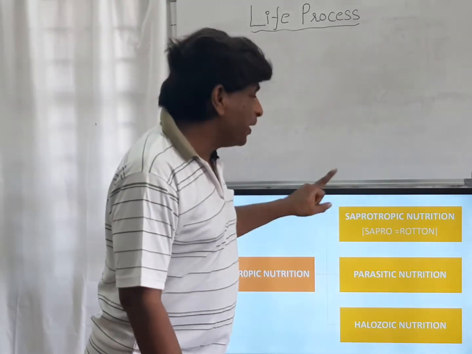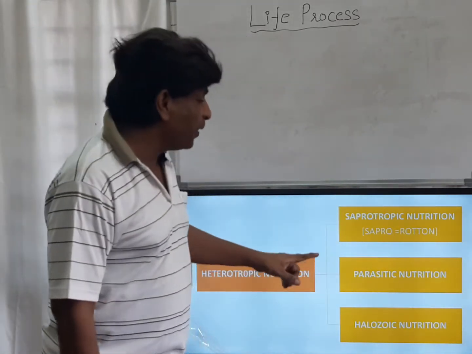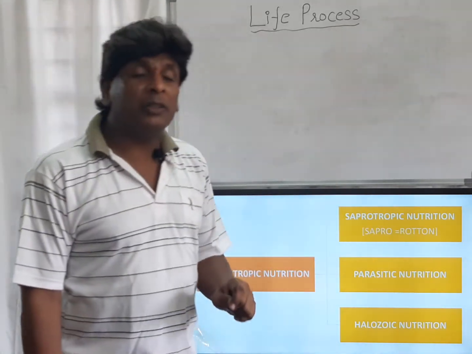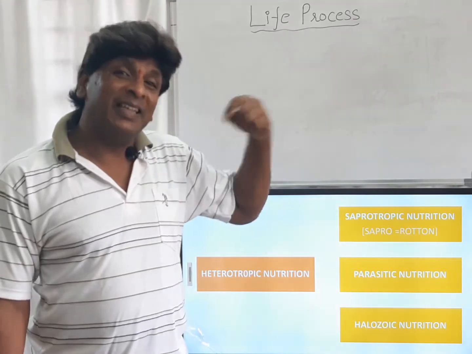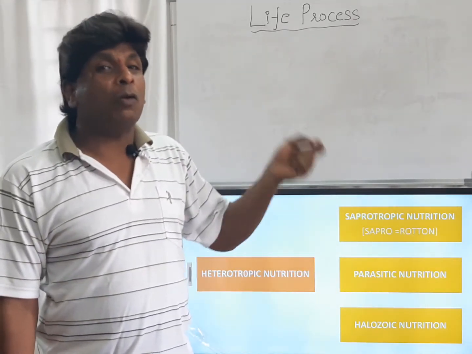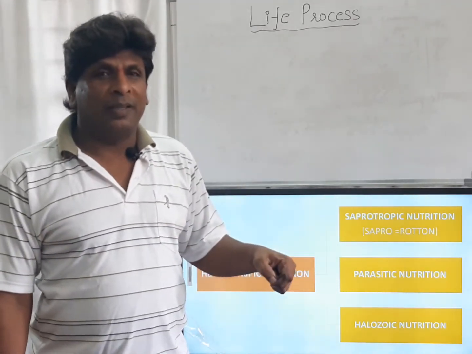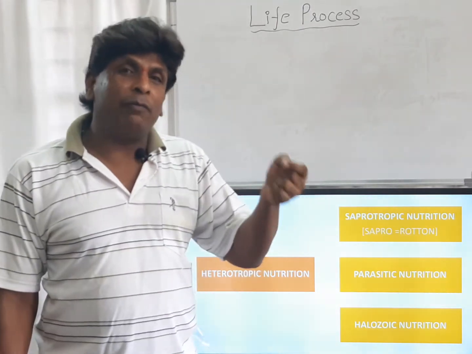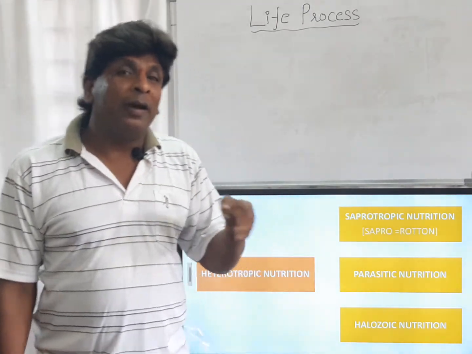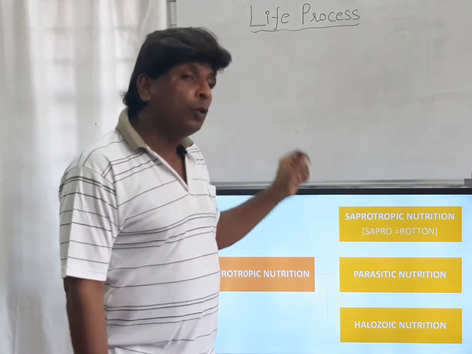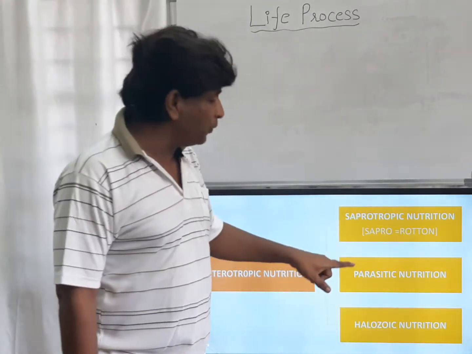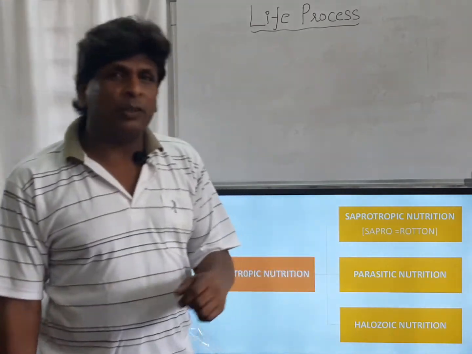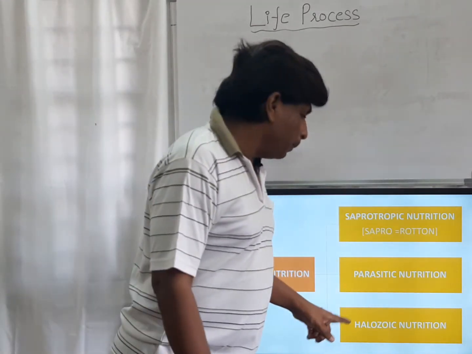Next, parasitic nutrition, where organisms depend on other organisms which are alive, taking food from living organisms and hurting them. Those types of organisms which depend on other living organisms are called parasitic.